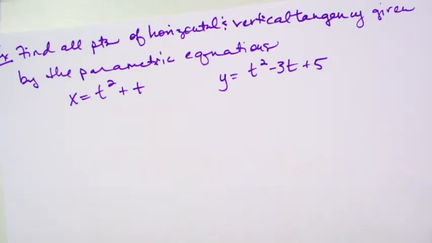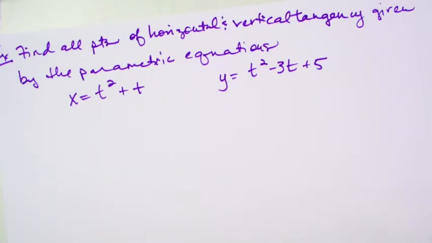The nice thing about parametrics is that the derivative comes out as a rational expression, right? So what represents the numerator? dy dt. So if dy dt is equal to 0, then I know I have a horizontal tangent. And if dx dt is equal to 0, then I have a vertical tangent.